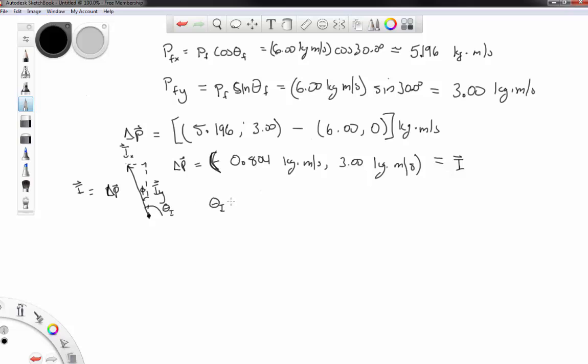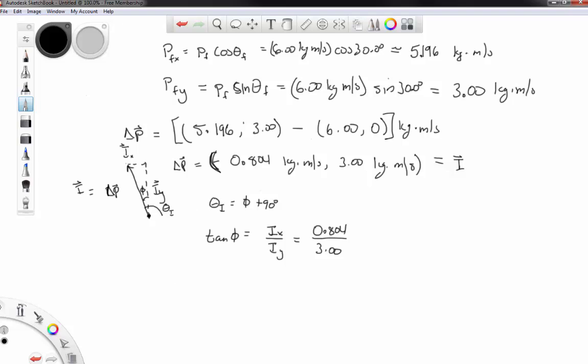So theta for impulse is phi plus 90 degrees. So we need to get phi. We can use that the tangent of phi is opposite over adjacent. So that would be 0.804 divided by 3.00. Notice that I've dropped the minus sign because I'm keeping track of that here.